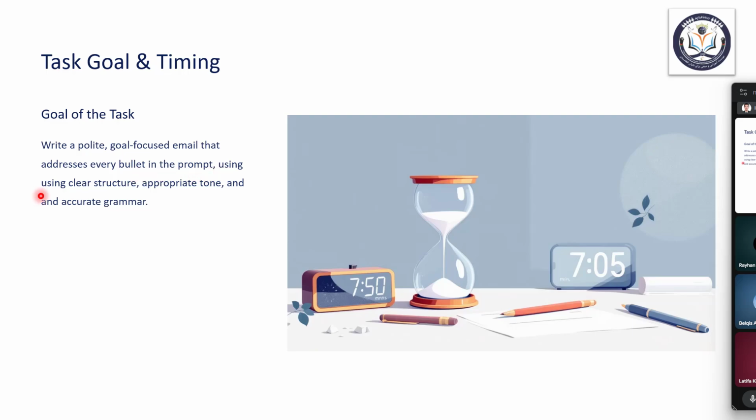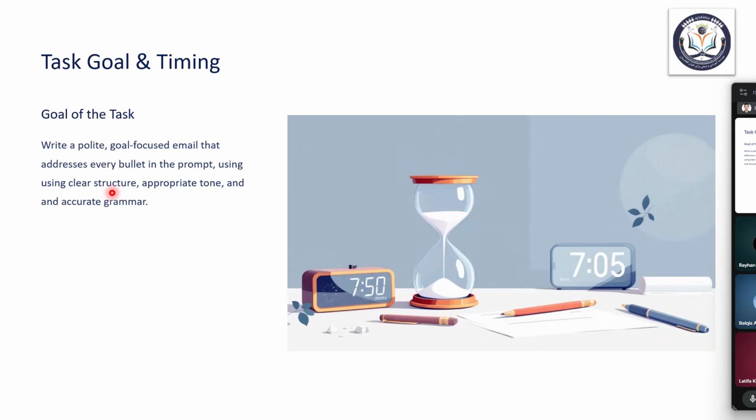How? Using clear structure. The structures we use should be clear. So the second point is clarity here. So one was politeness. Second is goal-focused.